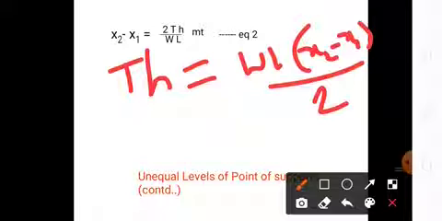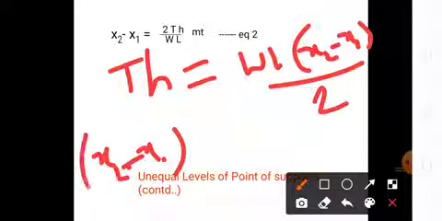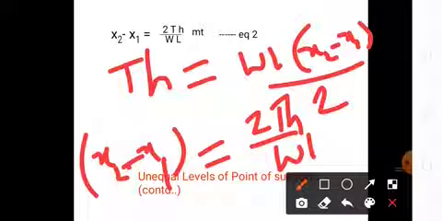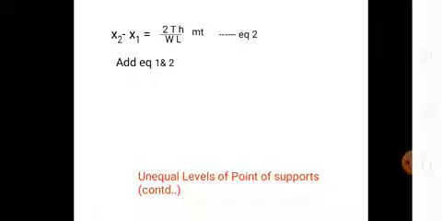From this we get the value of x2 minus x1, which is equal to 2TH by WL. Adding equations 1 and 2, x1 plus x2 is equal to L, and x2 minus x1 is equal to 2TH by WL.